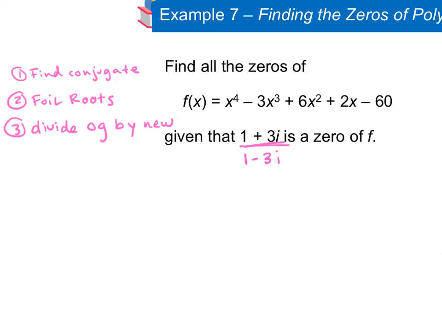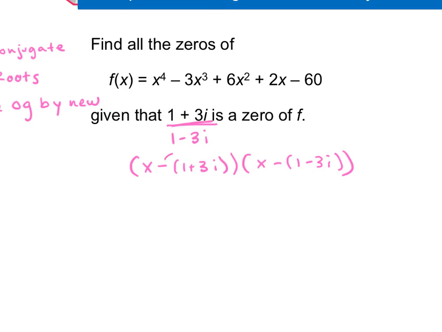So if we put this into our linear factors, we have x minus 1 plus 3i times x minus 1 minus 3i. Next, we need to FOIL these out. So just like we did in the last one, we need to make sure we distribute the negative here and the negative here.